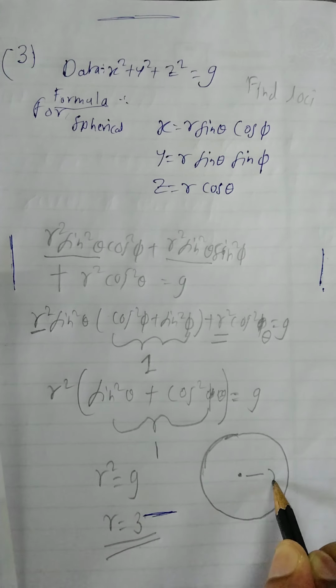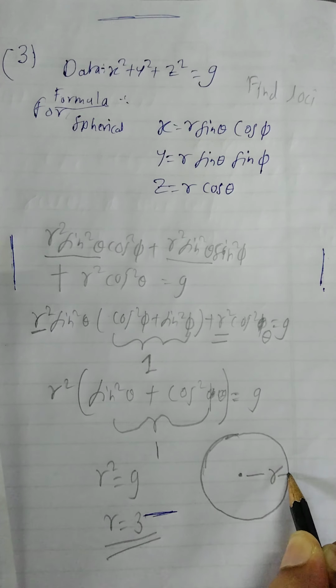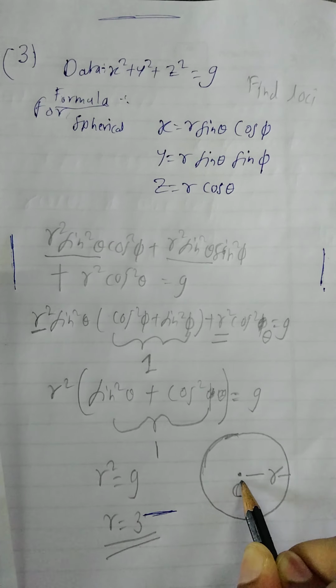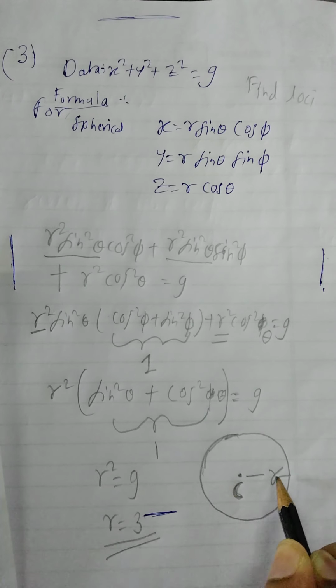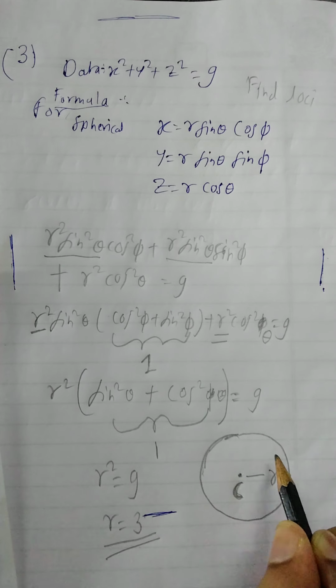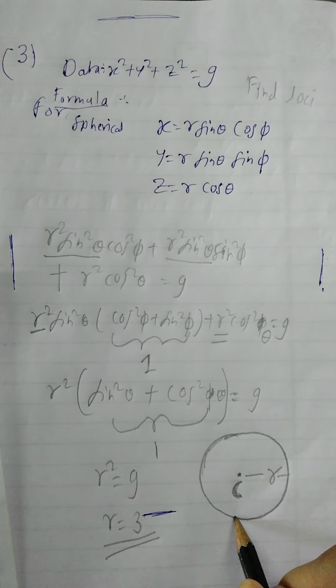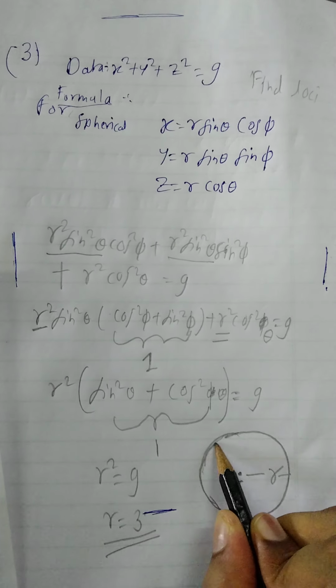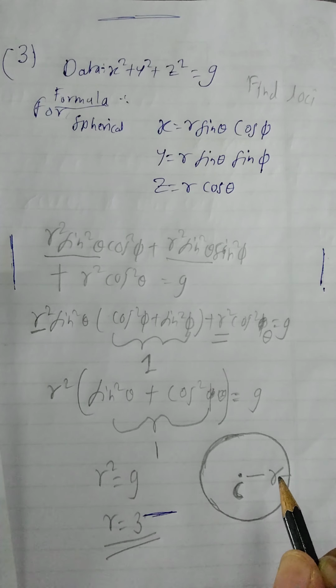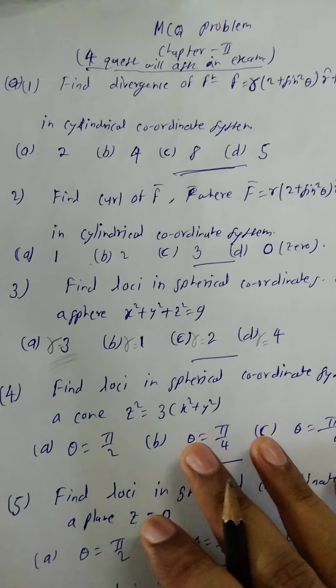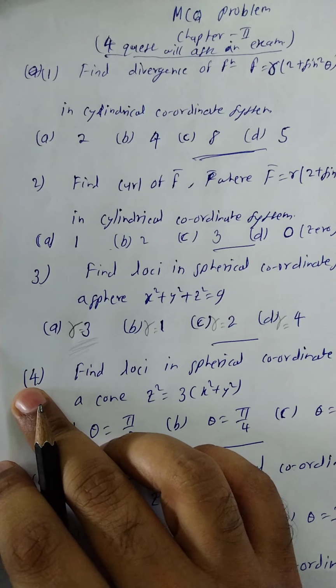Those points are situated at distance r from the center. So r equal to something is nothing but the loci of the circle.